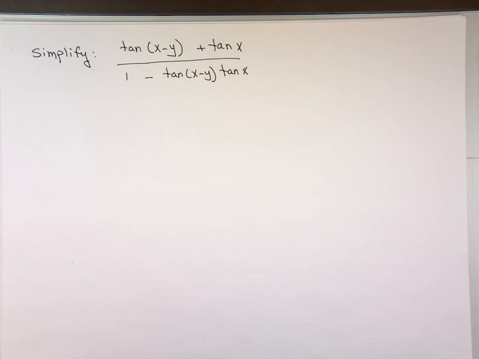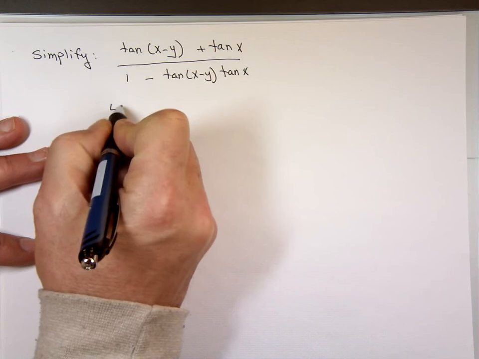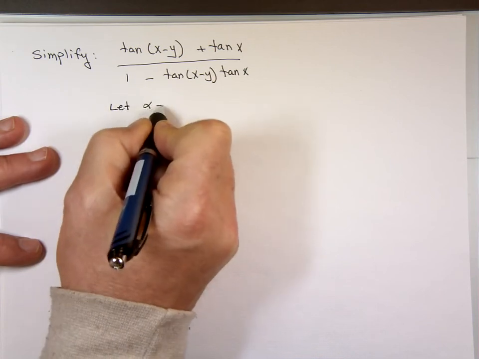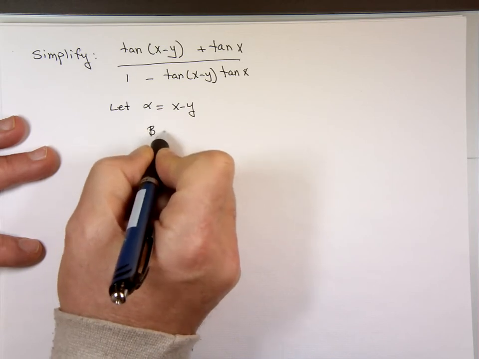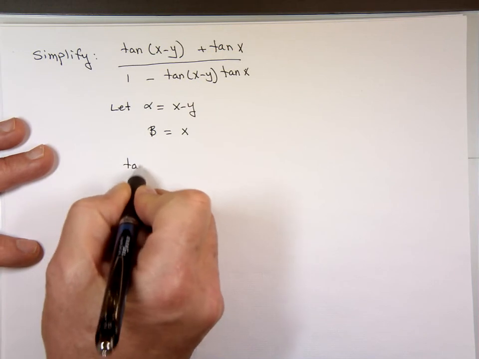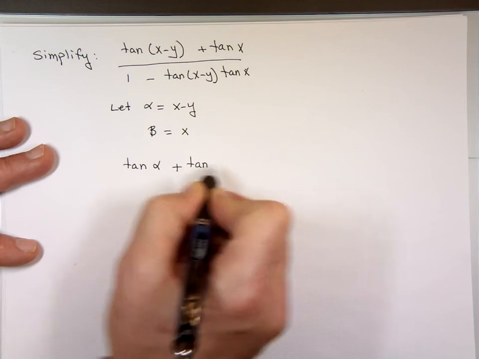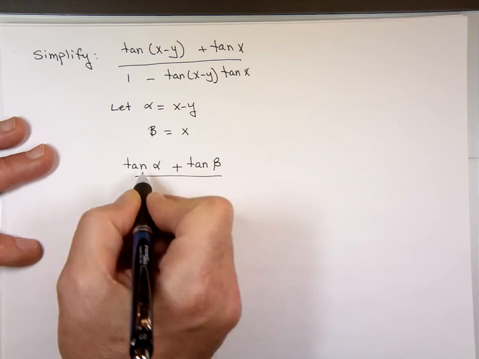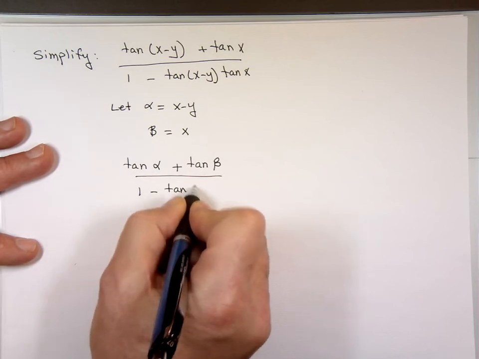Okay, so I'm going to let alpha equal x minus y, let beta equal x. So that problem becomes tangent alpha plus tangent beta over 1 minus tangent alpha tangent beta.